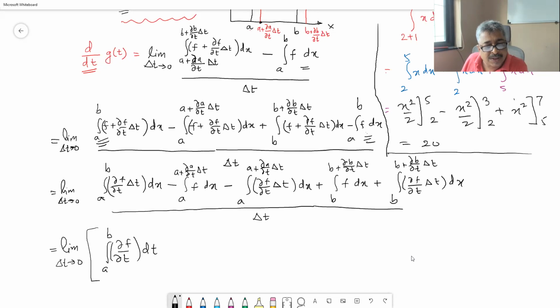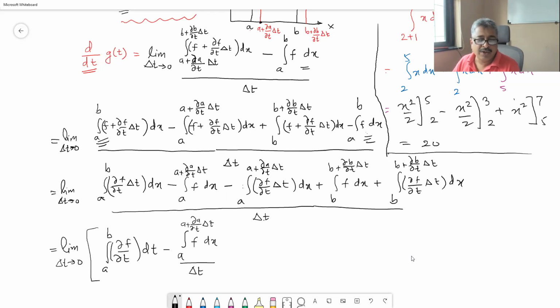Now what will happen to this? This will be minus integral a to a plus del a by del t delta t of f dx upon delta t. This. Then let us see what will happen to this. Again, this delta t will come out here. It will get cancelled with this.